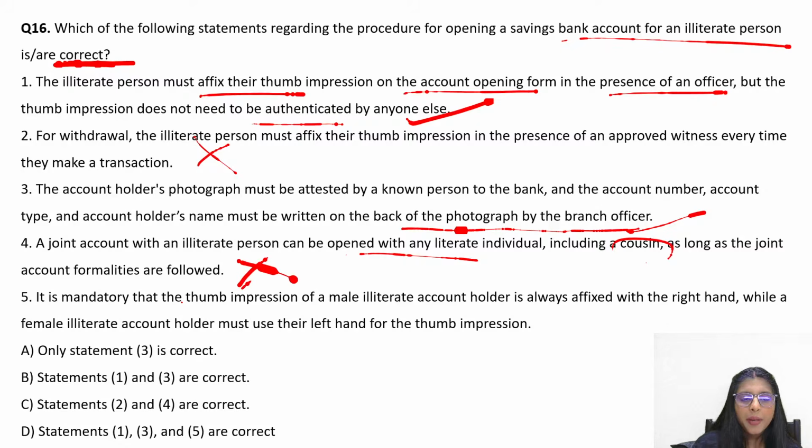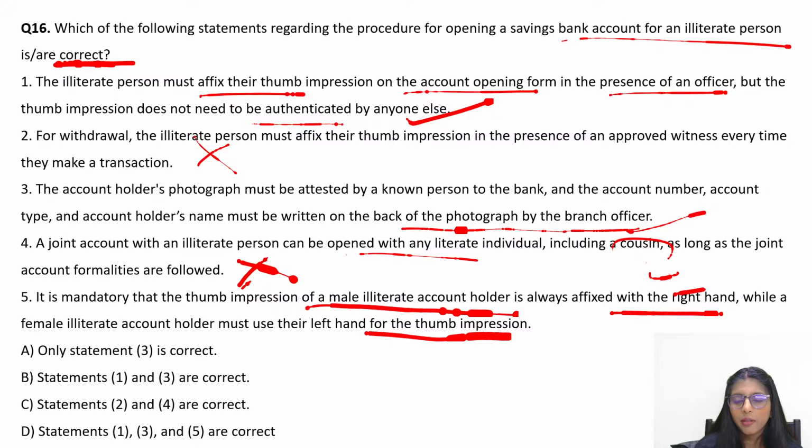It is mandatory that the thumb impression of a male illiterate account holder is always affixed with the right hand, while the female illiterate account holder must use their left hand thumb impression. No, it's vice versa, basically. Male use left and female use right. Okay.